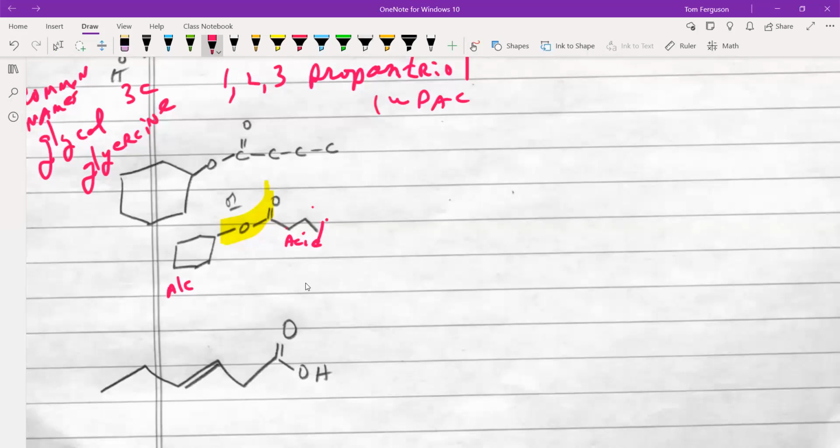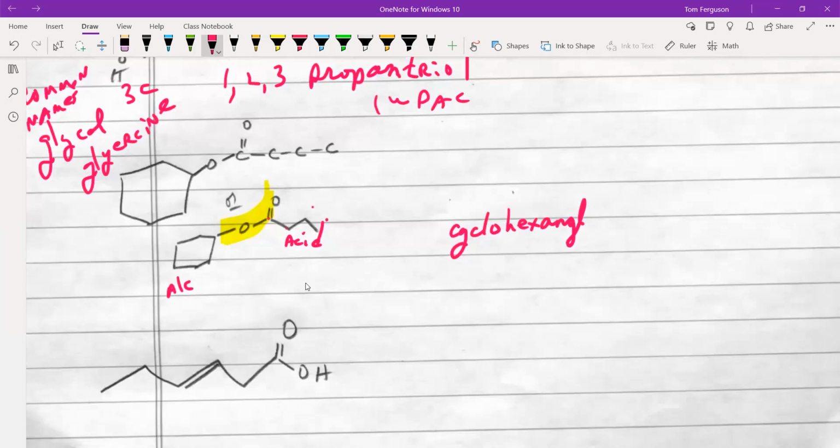We have 1, 2, 3, 4. The alcohol is a cyclo. So this is a Y there, by the way.